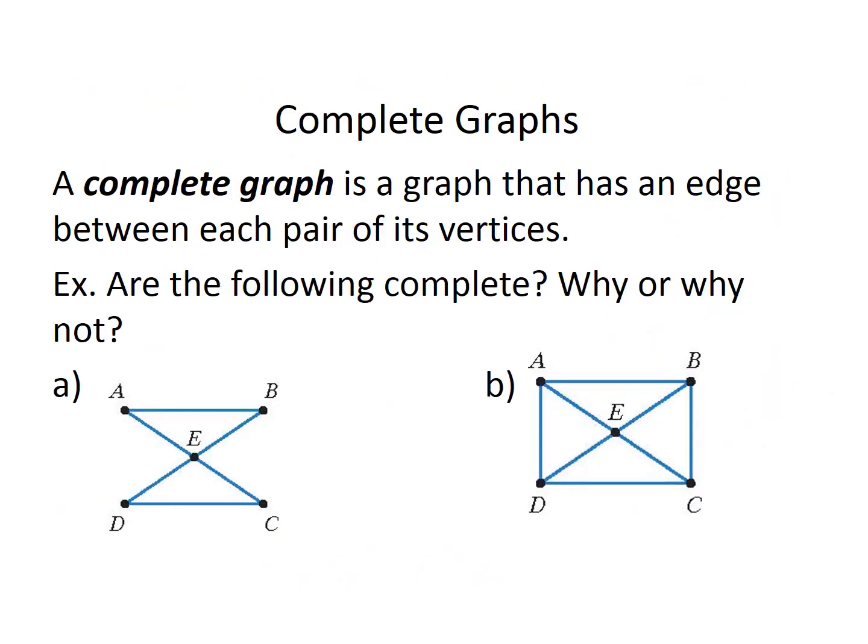A complete graph is a graph that has an edge between each pair of vertices. Are the following complete? Why or why not? All right, and if we look at part A here, it's not complete because there's not an edge between A and D or B and C. Here it is complete because there's an edge between each vertex and every other.